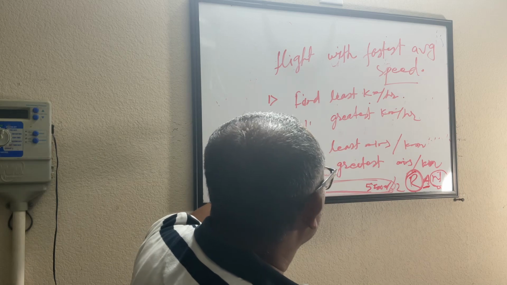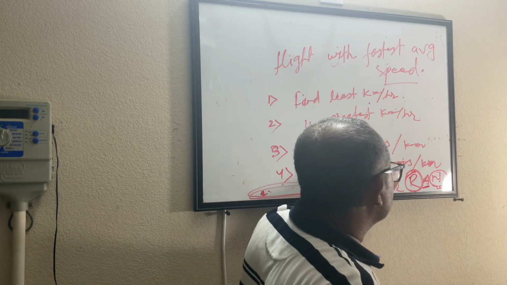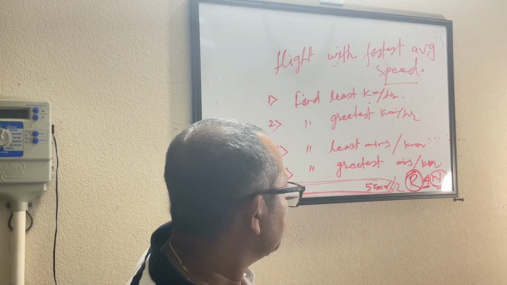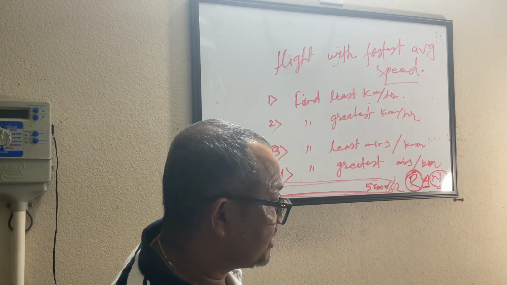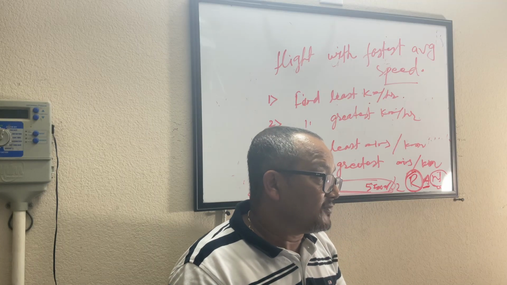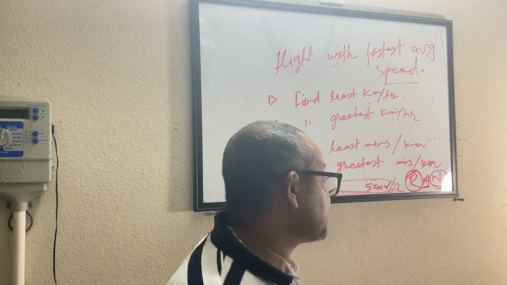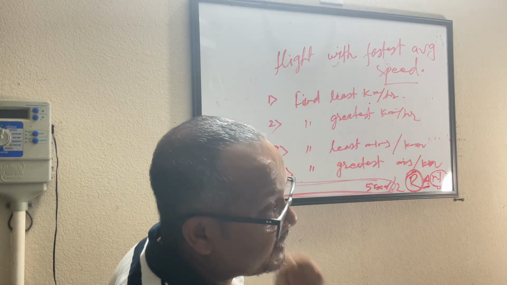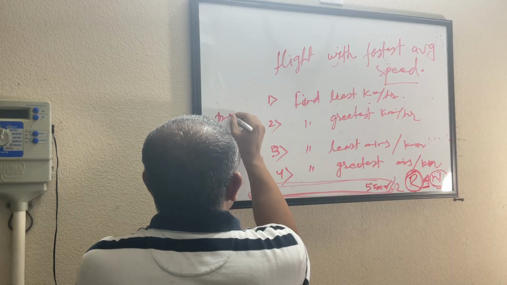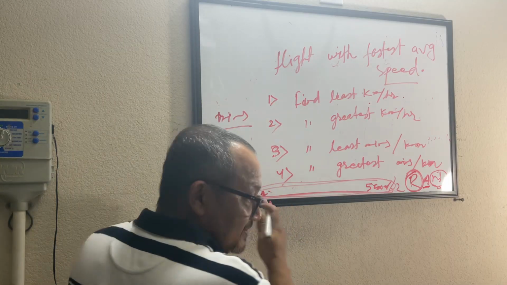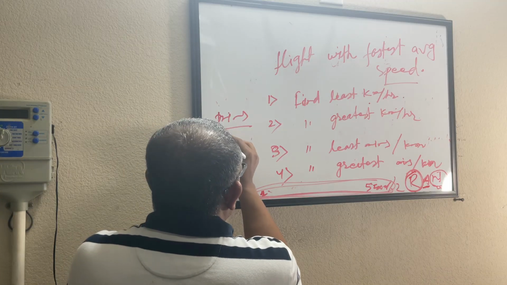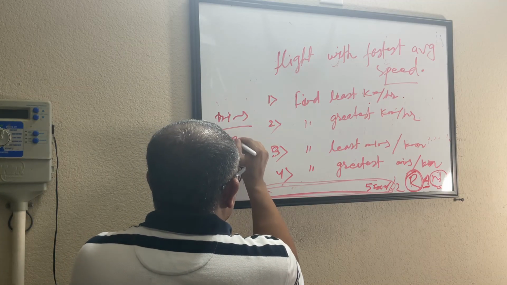Third option is find the least minutes per kilometer. Least minutes per kilometer means which flight has spent the least minutes per kilometer, meaning how many minutes it has taken to fly, and then how many kilometers it traveled.